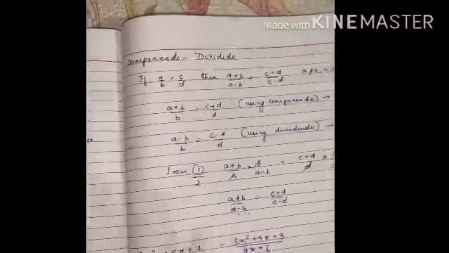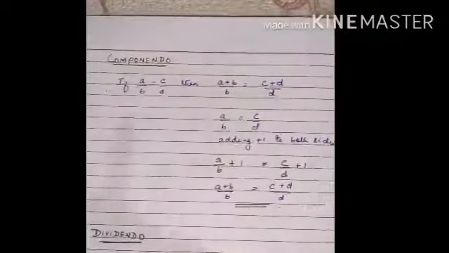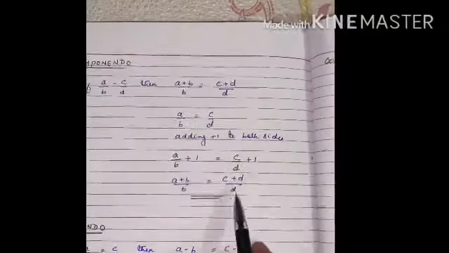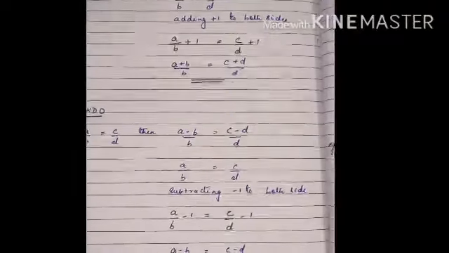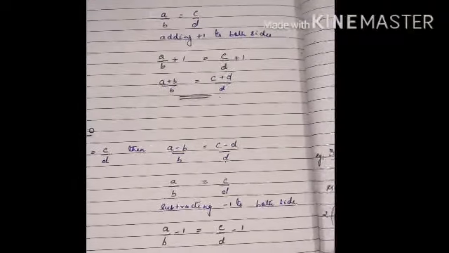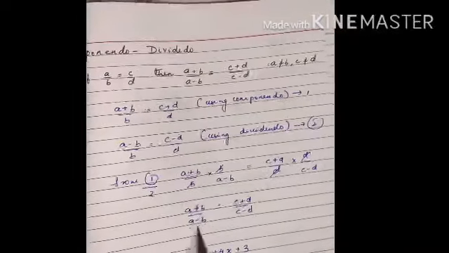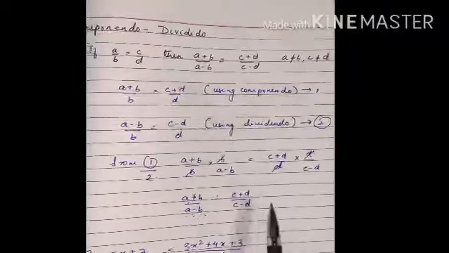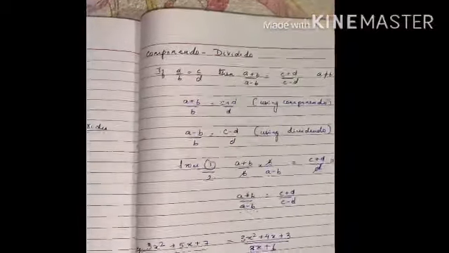In Componendo, it is (a+b)/b and (c+d)/d. In Dividendo, it just becomes minus: (a-b)/b = (c-d)/d. And in Componendo and Dividendo, it is (a+b)/(a-b) = (c+d)/(c-d). Let's understand all these formulas by taking an example.